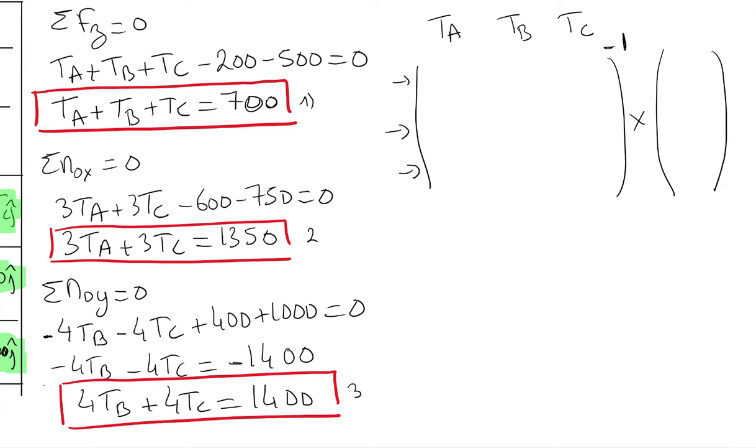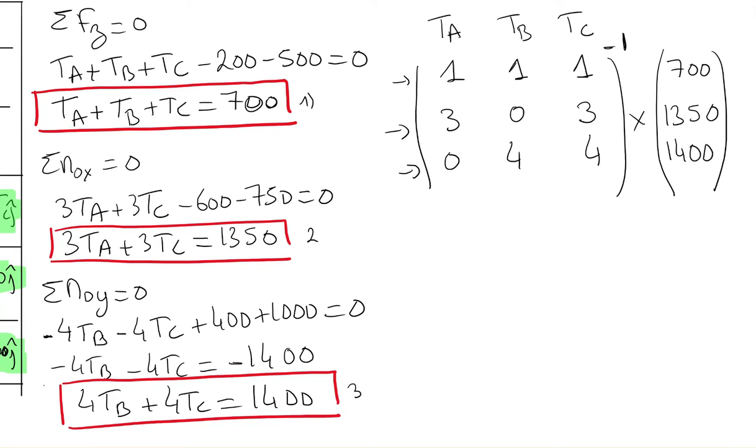So in front of TA, 1 TA plus 1 TB plus 1 TC is equal to 700. Second row, we have 3 TA plus 0 TB plus 3 TC is equal to 1350. And 0 TA plus 4 TB plus 4 TC is equal to 1400. Let's use this in your calculator.